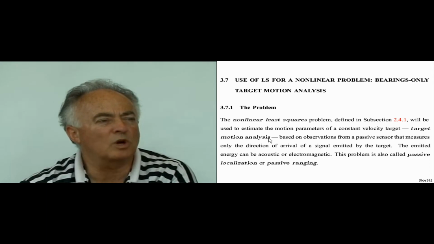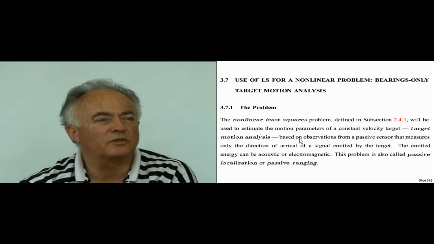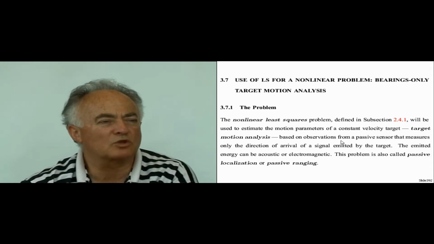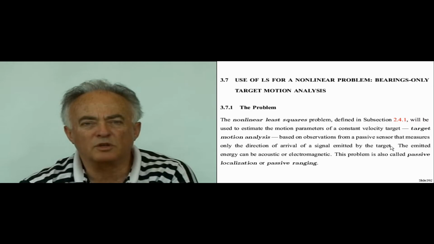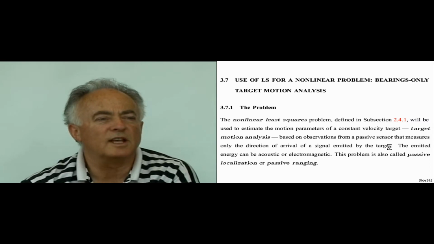But now what we are going to use will be observations from a passive sensor which measures only the direction of arrival of a signal emitted by the target. This signal can be noise, any target moving does emit noise, or it might be a tone, a narrowband emission from the target.